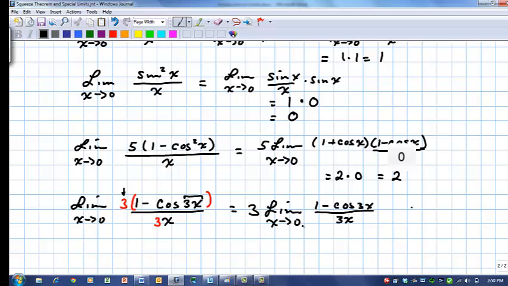So we can make a substitution here and say, let 3x equal theta, and then when x approaches 0, theta approaches 0. So we could make this substitution and call this the limit as theta approaches 0 of 1 minus the cosine of theta divided by theta.